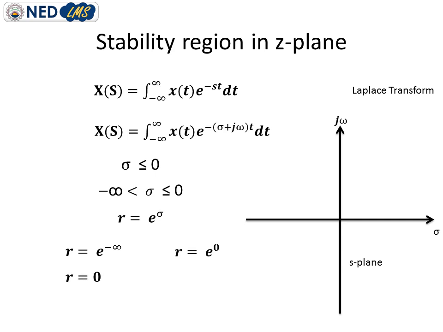When I put e raised to power minus infinity, my radius turns to 0. It means the radius starts from 0 and ends at 1 unit, which means a circle which has a radius of 1 unit is the stable region.